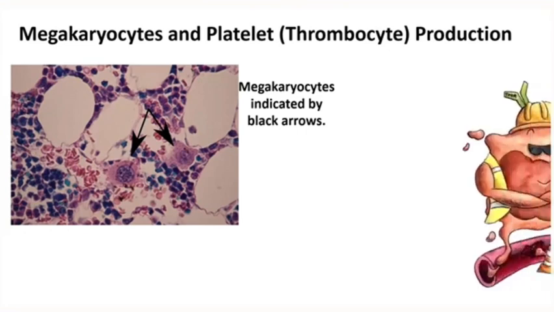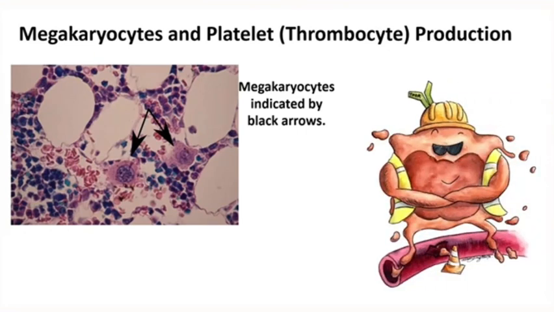Here I have a cartoon that we are using to represent the characteristics of a megakaryocyte. Notice we have portrayed it as a public works worker with a thrombopoietin or TPOR receptor on the hard hat. Thrombopoietin is the signal or cytokine that stimulates the megakaryocyte to divide, differentiate, and begin budding off platelets or thrombocytes.